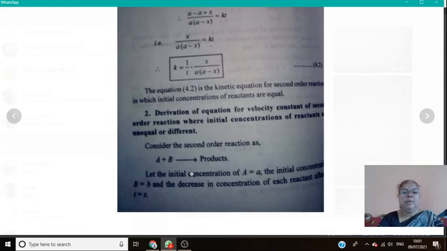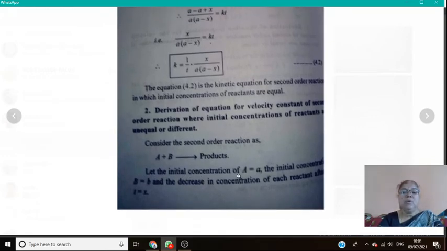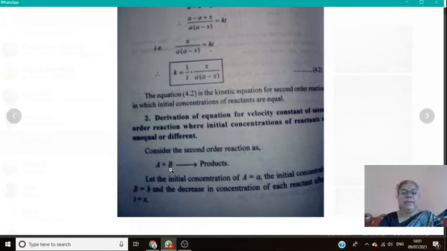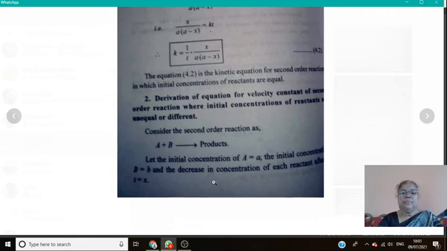Then let us consider the initial concentration of A as small a and the initial concentration of B as small b, and the decrease in concentration as X.